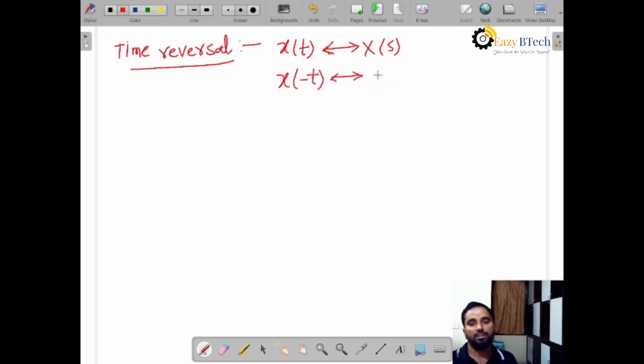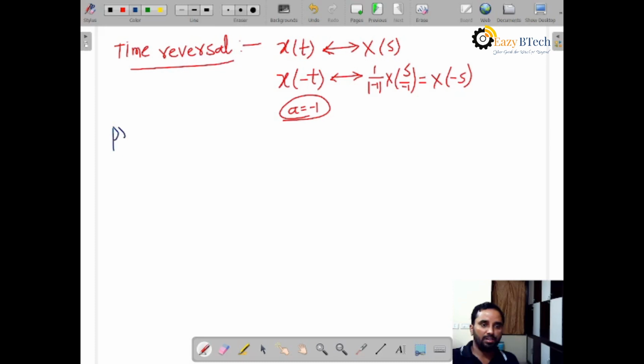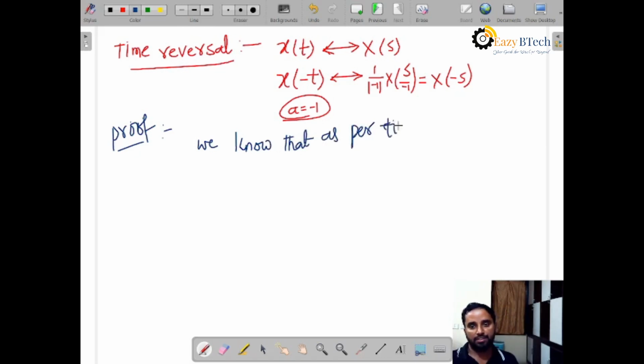T is minus t. So what will it be as per the time scaling property? 1 by mod a X of s by a. So here a is minus 1. Right or not? So 1 by mod minus 1 X of s by minus 1, which is equal to X of minus s. Its proof we can do easily.